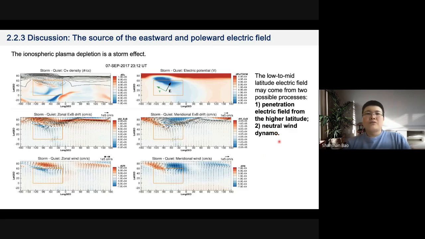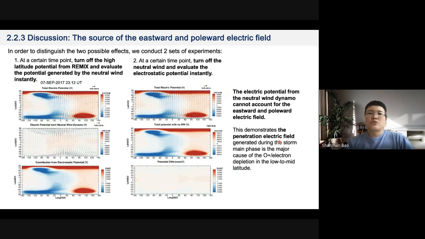To figure out the contribution from both, we do a set of experiments. At a certain time point, we turn off the high latitude potential from REMIX and evaluate the potential generated by the neutral wind instantly. Here you can see if we turn off the high latitude potential, the black arrow still shows the neutral wind, which means the neutral wind still exists.